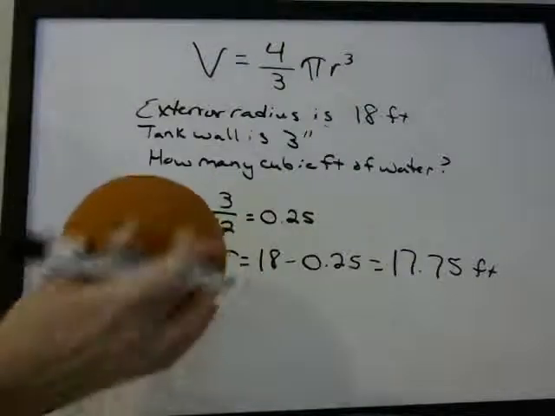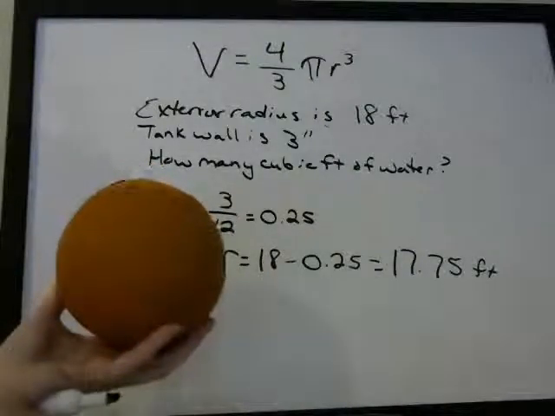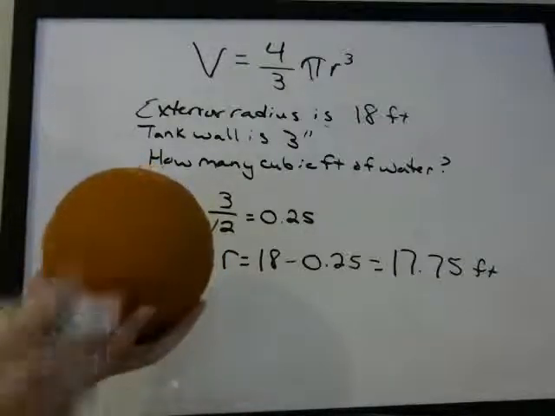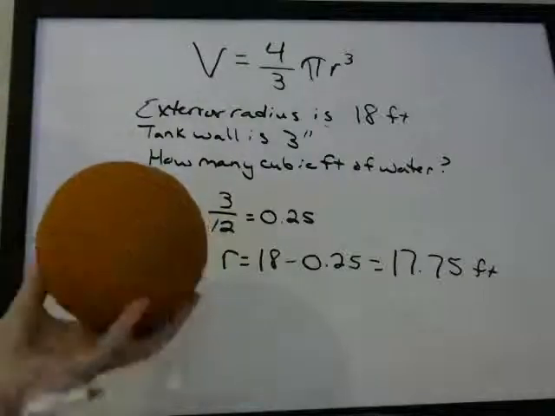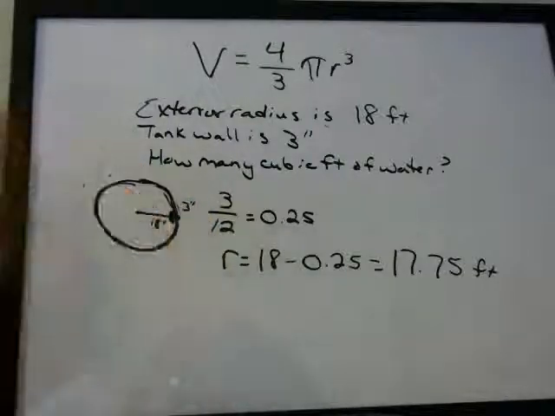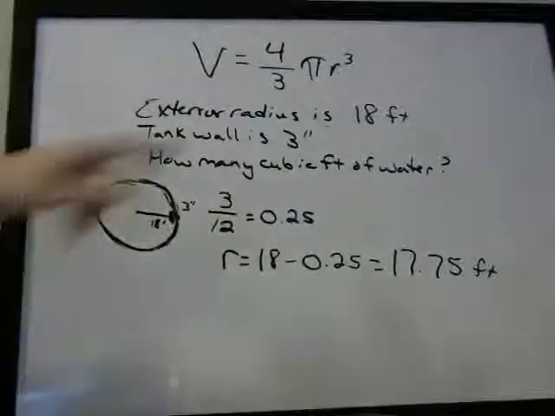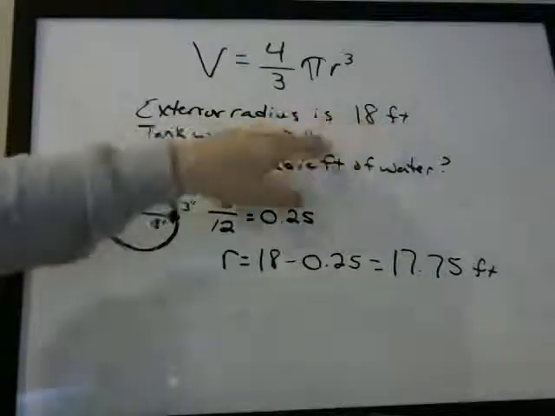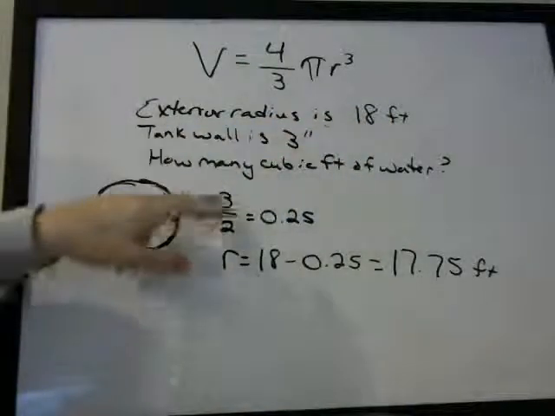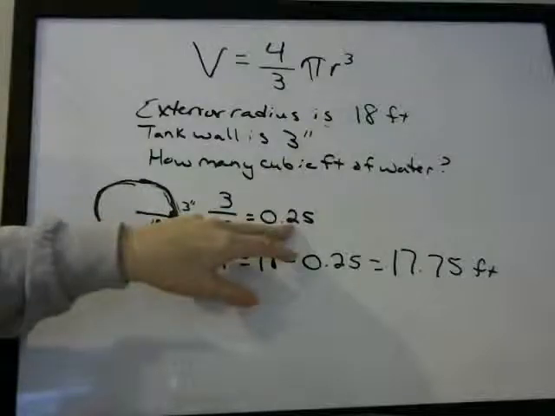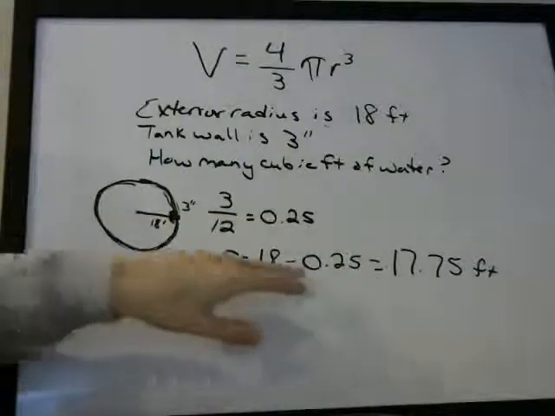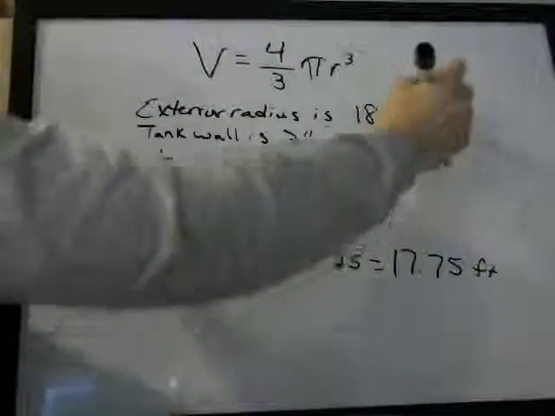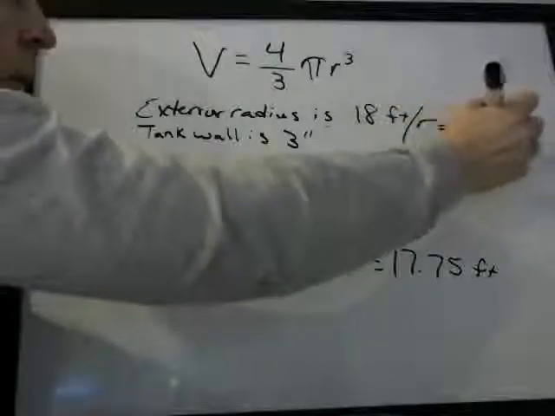The radius to the edge out here is 18 feet. But imagine this rubber is 3 inches thick. So when we fill something inside, we have to subtract off that 3 inches in order to only get how much we can fill inside. We had to change 3 inches to feet because we can't mix units here. 3 divided by 12 is 0.25. We subtract it off, and this is our radius. So let's write that over here. Radius equals 17.75.